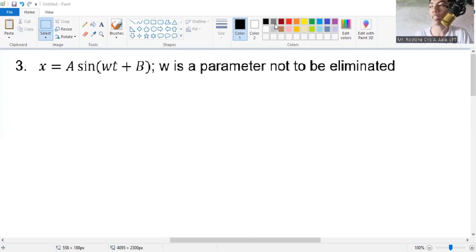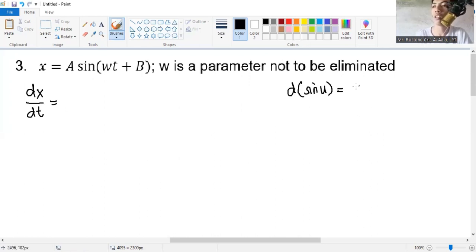So the first derivative is dx over dt. So dx over dt is just equal to, so ano nga ba ang derivative ng sine? So according sa ating formula, the derivative of sine u is equal to cosine of u du, 'di ba?